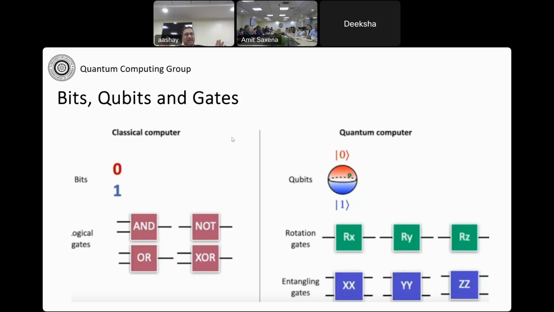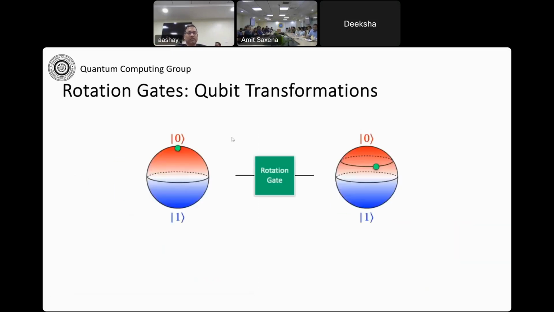Now when we go forward, a little bit more insight I will give in the gate operation.